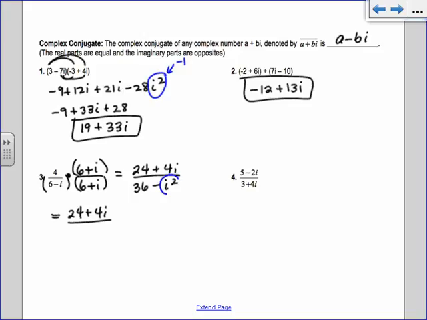That was negative 1. So I get 37 on the bottom. I'm still not totally done because I want to see what the x value and the y value is if I was graphing it. So it would actually be 24 over 37 plus 4 over 37i. Okay, so you got to bring the 37 into both pieces.